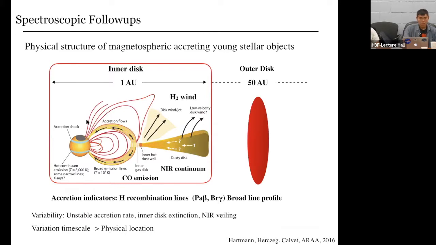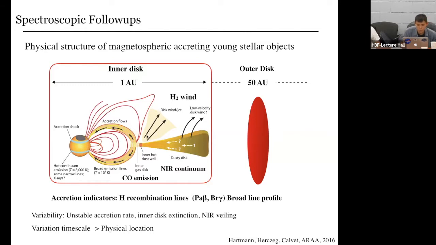From here, we can see a lot of spectroscopic indicators of accretion, like the hydrogen recombination lines. In optical, we have very strong Balmer lines and Balmer jump. And in near infrared, we can see Paschen beta or Brackett gamma as indicators of mass accretion rate. All of these lines have very broad line profiles as well.